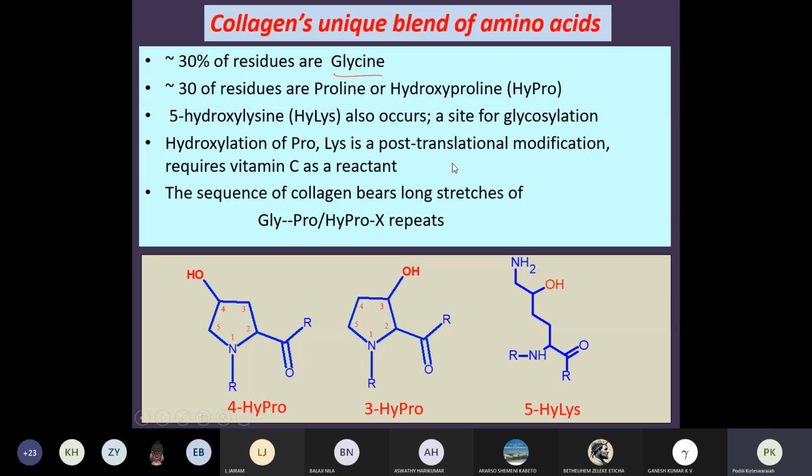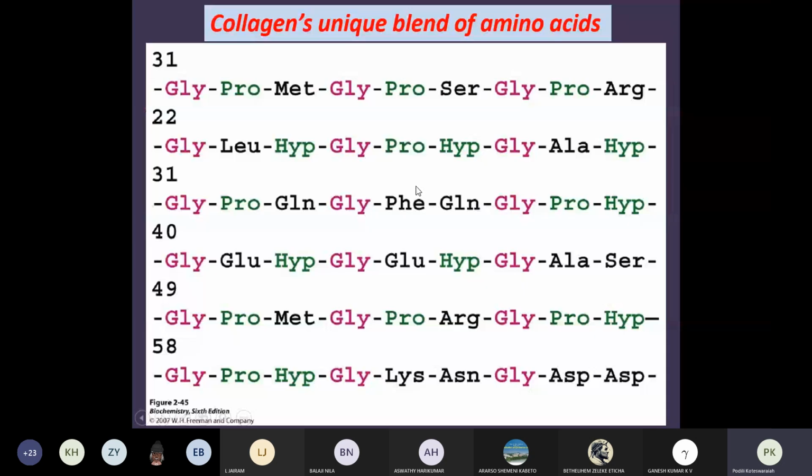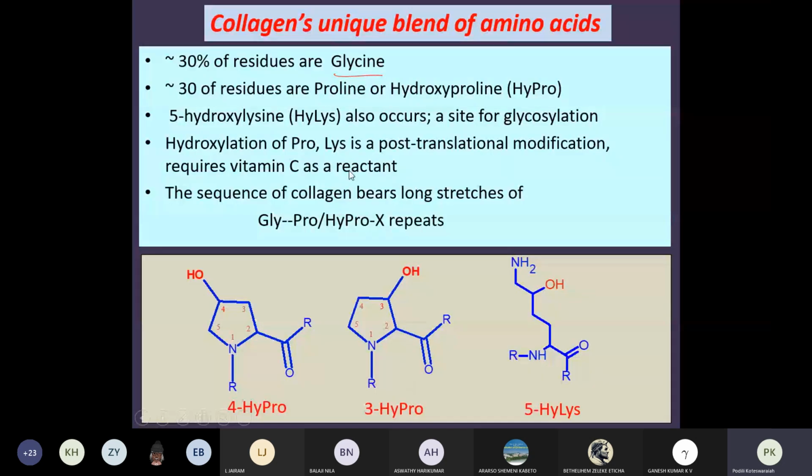This conversion requires prolyl hydroxylase and lysyl hydroxylase enzymes, and these enzymes require vitamin C as a cofactor. That's why deficiency of vitamin C leads to insufficient formation of collagen, resulting in loosening of the collagen bundles and bleeding of the gums.